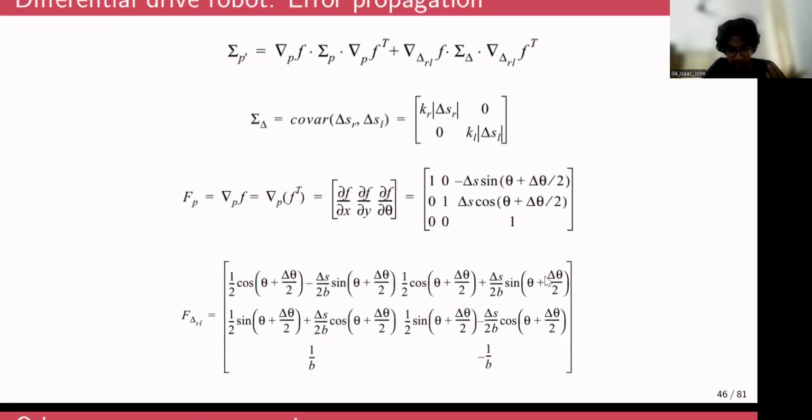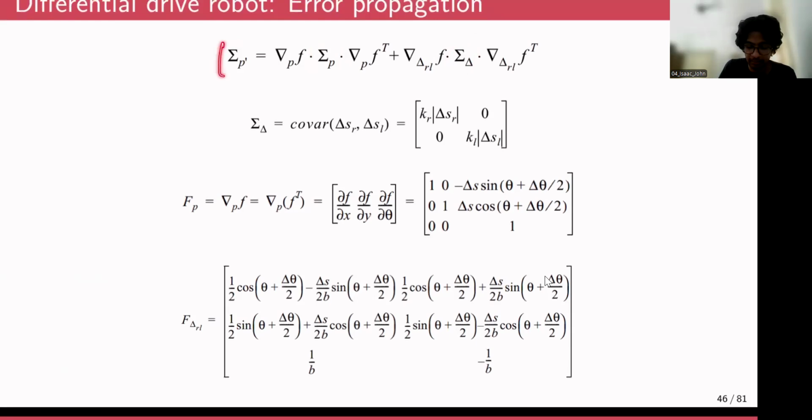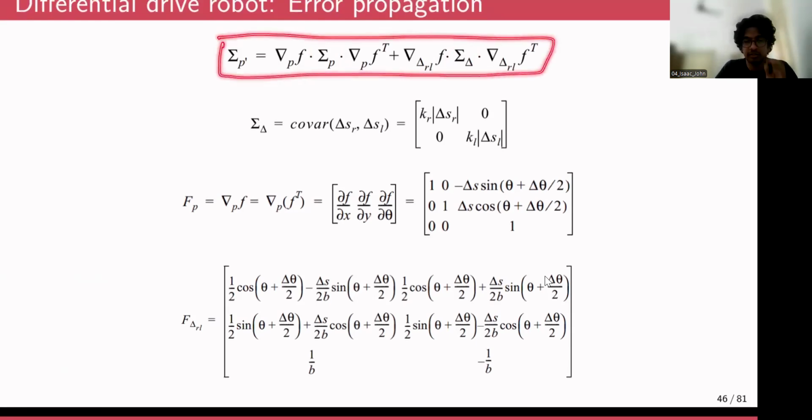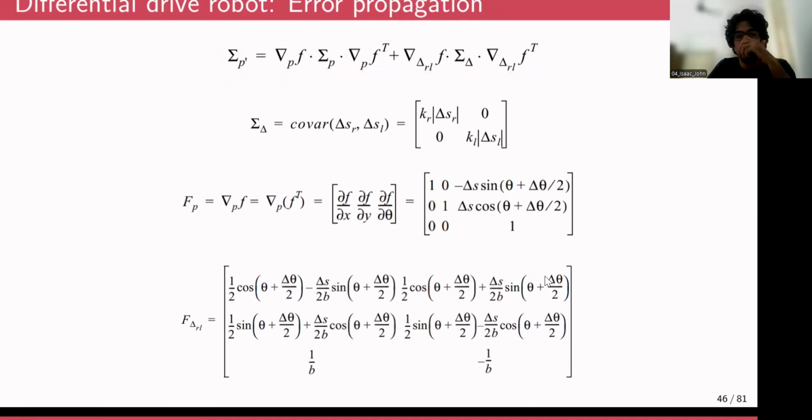These deltas are the Jacobian matrices, and this is the uncertainty in estimating the position, and this is the uncertainty in the sensors, and the error propagation is described by this expression. You can consider this to be the error uncertainty in the previous position, and this to be the error uncertainty in the current position.